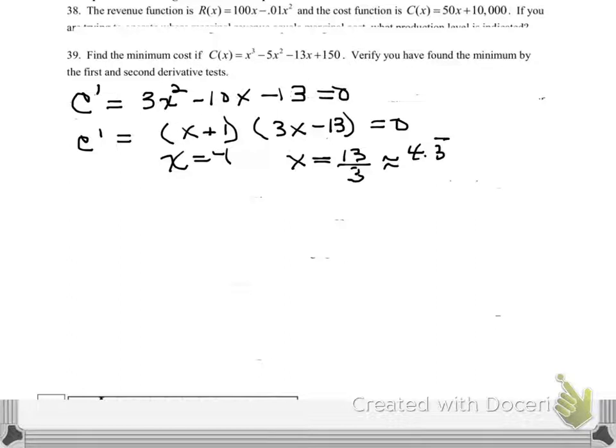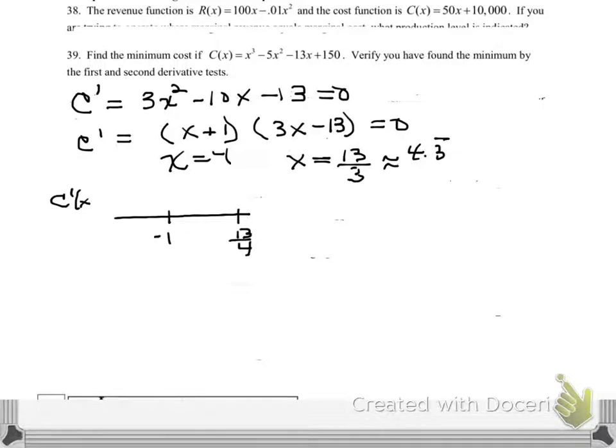All right, so the easiest thing to do to evaluate this, because now I have my x values, but I don't know if they're minimums or not. So I'm going to put it on a number line. And I'm going to evaluate my slope, so my c prime of x, on that number line. So here are my critical values. That's the numbers we just found. So I have a -1, and I also have a 13/3, which we said is about 4.3.